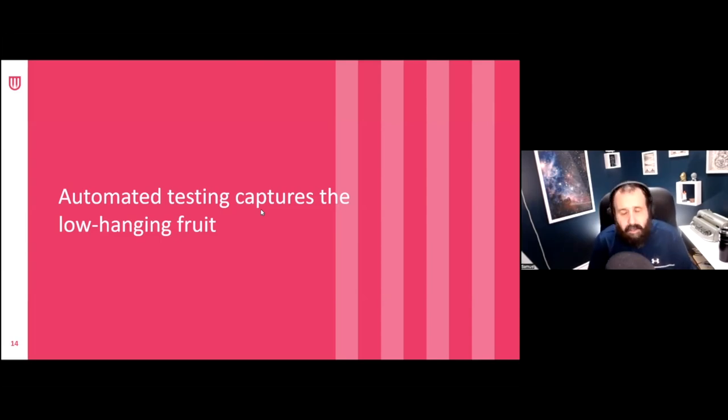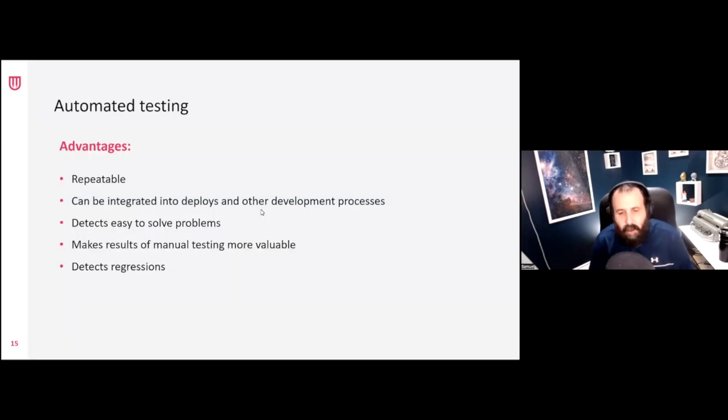At Fable, we are very focused on user testing and on making sure that your products are tested by users who are people with disabilities. However, automated testing has an important place. Automated testing is repeatable. It can be integrated into your deployments and your other development processes, and it can detect easy-to-solve problems.